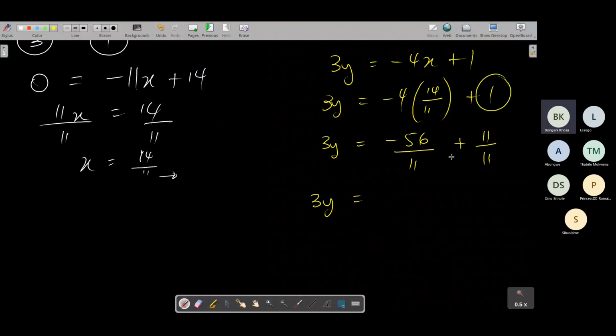I'm trying to make it have the same denominator, right? If I put negative 4 in the calculator, we get negative 45 over 11. So it's 4 times 14 over 11, exactly, plus 1. You're supposed to get negative 45 over 11.